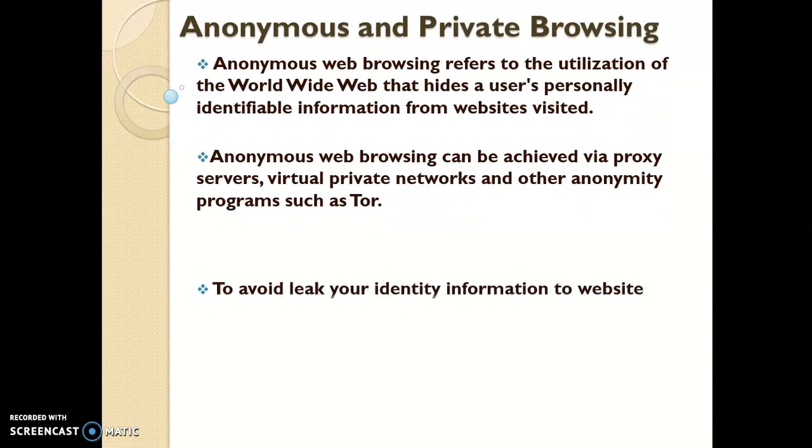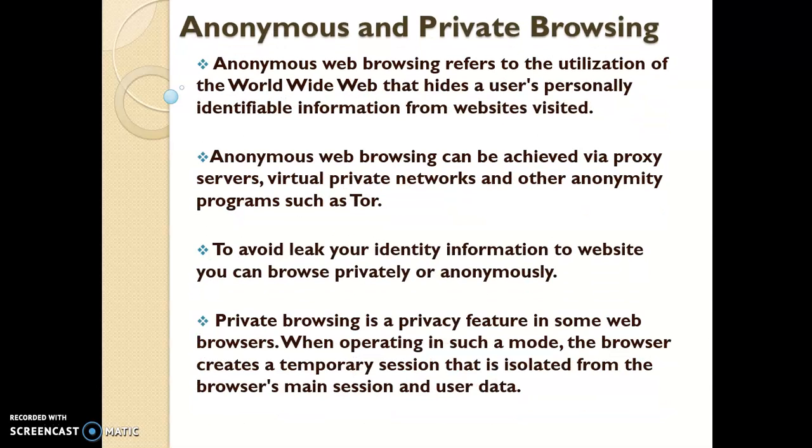The next and the last topic of this session is anonymous and private browsing. So this anonymous and private browsing is another method by which you can safeguard your identity over the internet. Anonymous means which is not having a proper name or which is not having a proper identity.